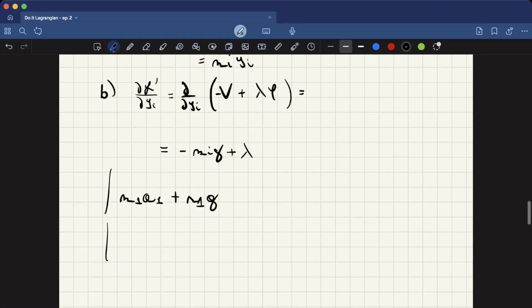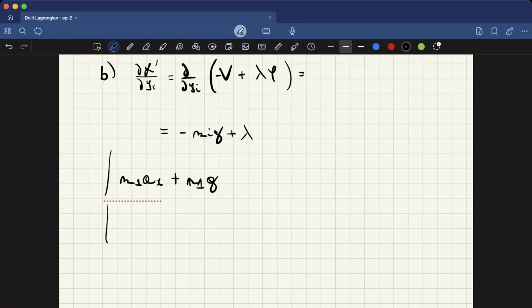Okay, this is good. Okay, m_1 times g minus lambda equal to 0, and here we will have m_2 times a_2 plus m_2 times g, minus lambda equal to 0.